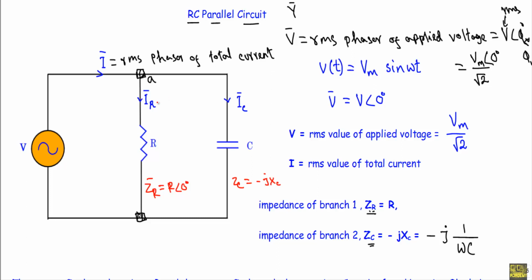Now see, we are applying voltage V across these two terminals. Therefore, I will get current IR flowing in this branch. I will get current IC that will be flowing in this branch. Therefore, using Ohm's law, we can calculate the current IR and IC.